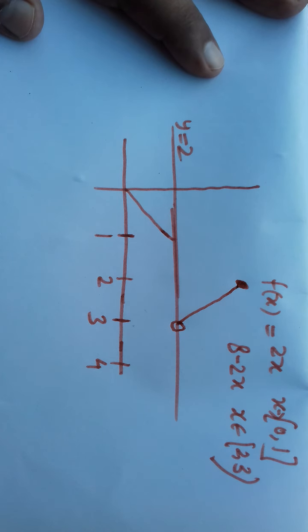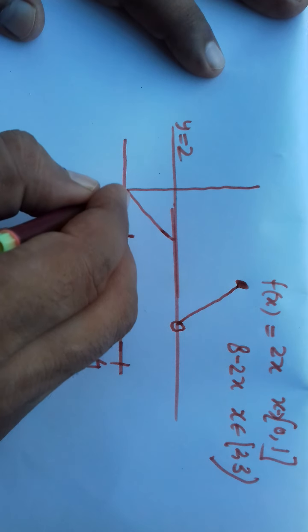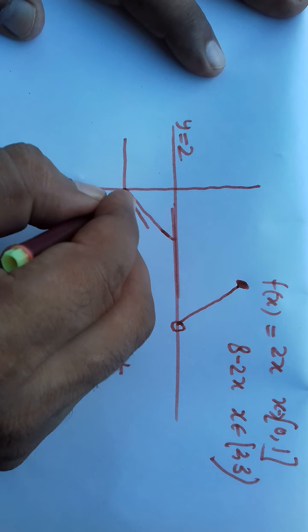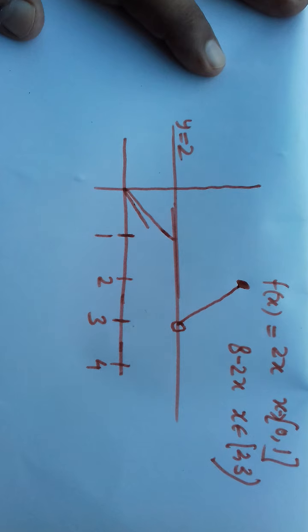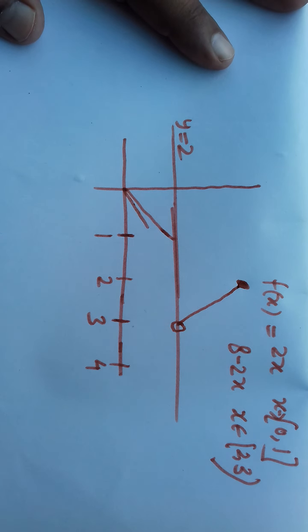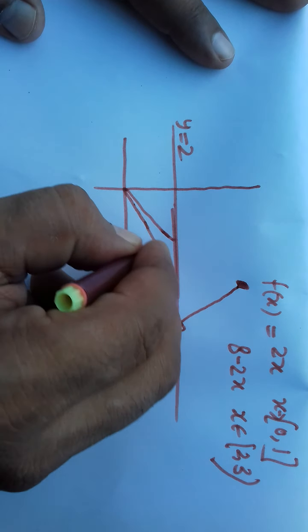Now we have to tell about the existence of the inverse of this function. You know that to get the inverse of a function we interchange x and y, that is, we have to take the mirror image of these two functions about y equals x.